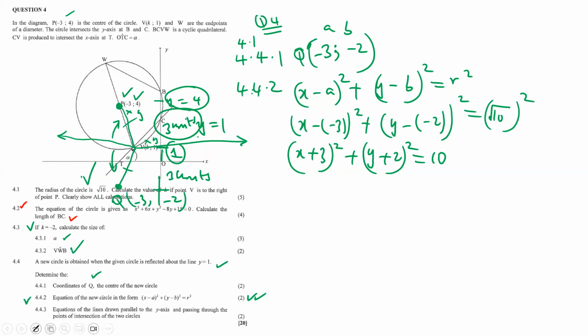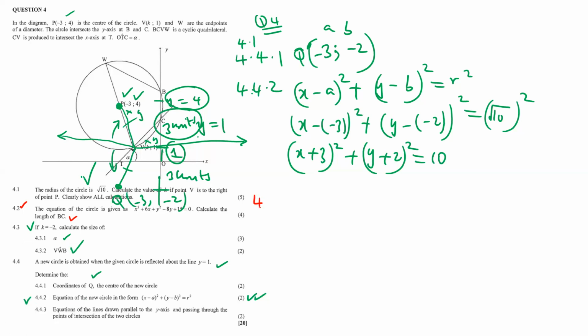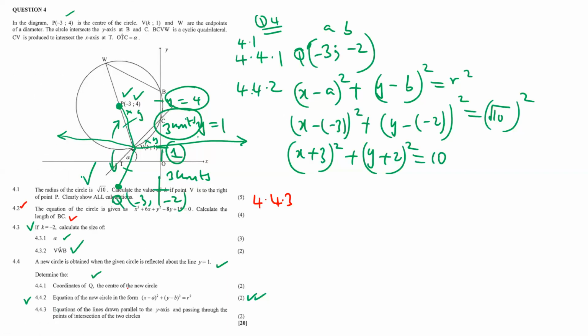So let's look at 4.4.3. The equation of the lines drawn parallel to the y-axis, passing through the points of intersection of the two circles.